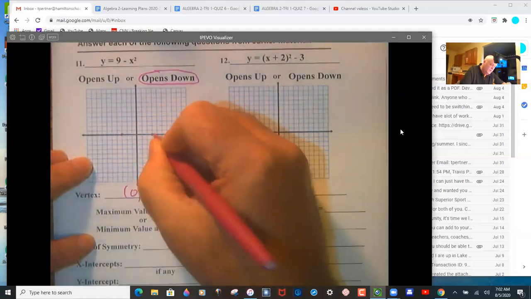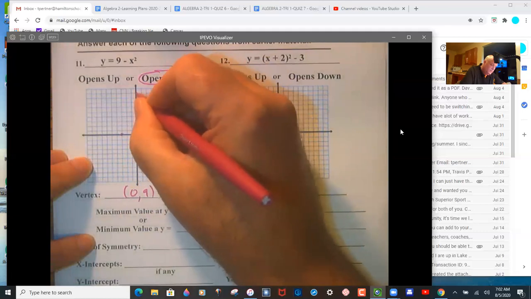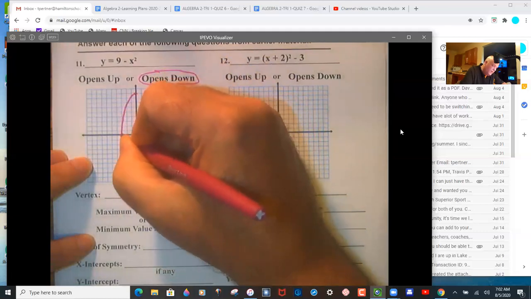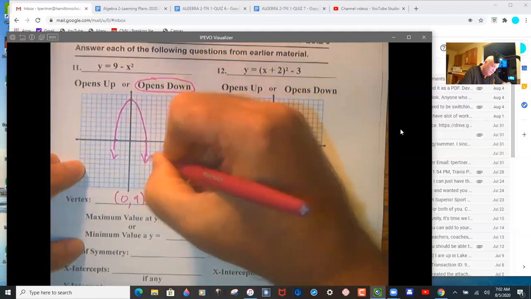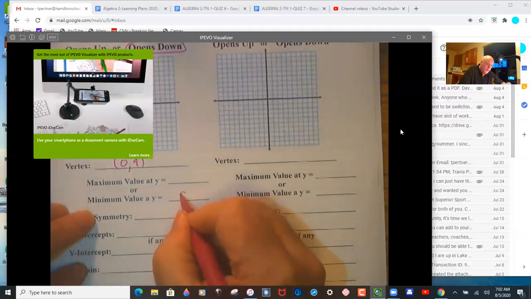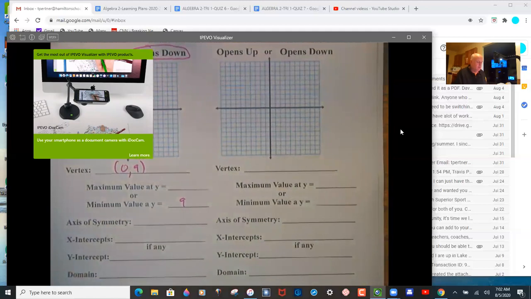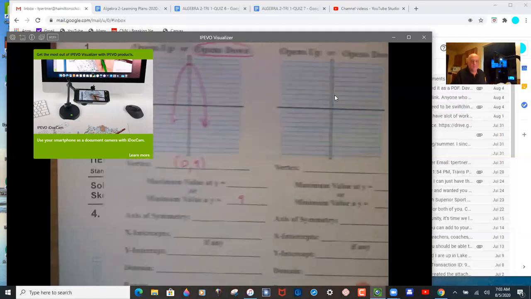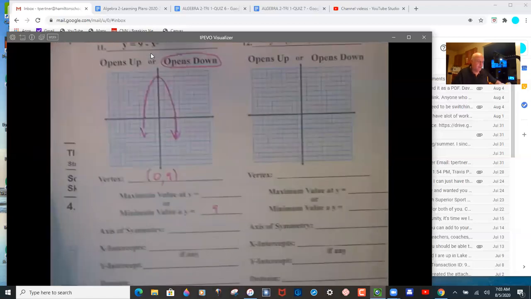But take a look at the graph to make sure that you're doing this right. So we have a maximum value at y equals 9. Remember, you take the y value of the vertex to put into that. The y value of the vertex is what's needed.